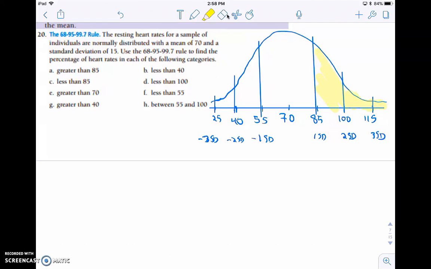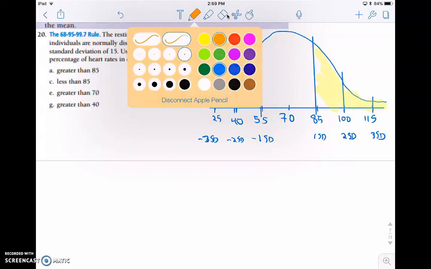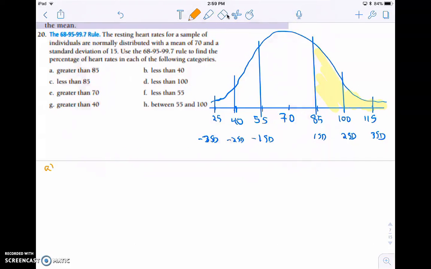So as we think about this, okay, this will be part A. We know that there's 68% in this region right here, because that's between 1 standard deviation above and below. So if there's 68% in the middle, the remaining 32% has to be distributed between those two sides outside of the 68.